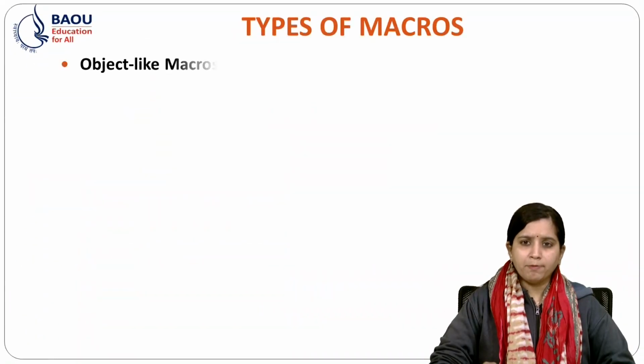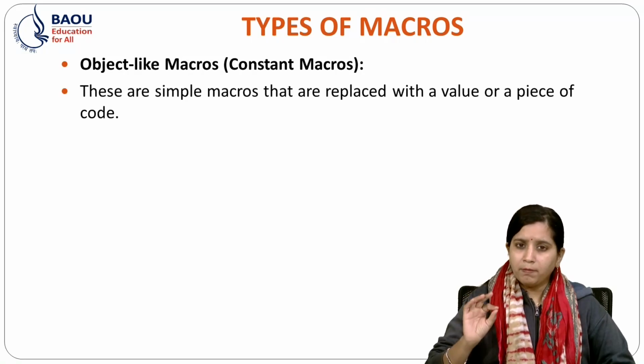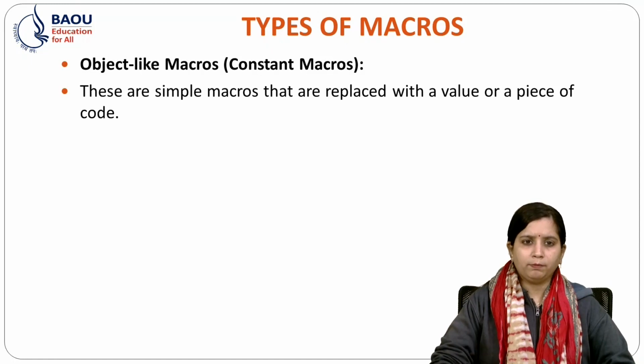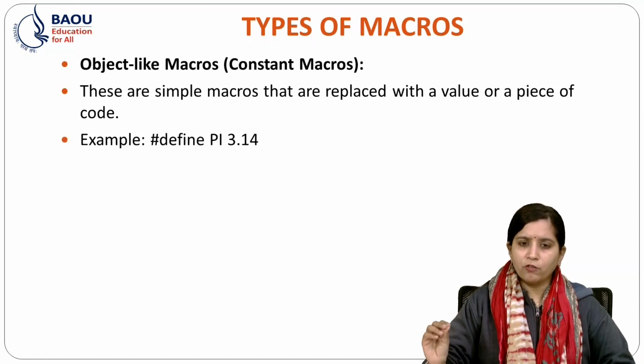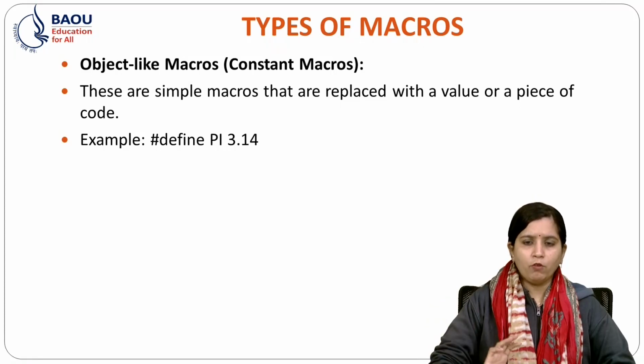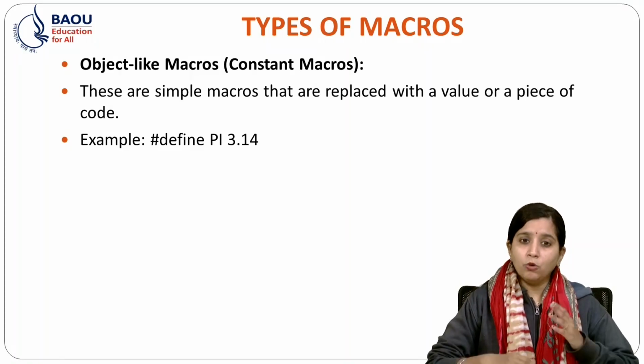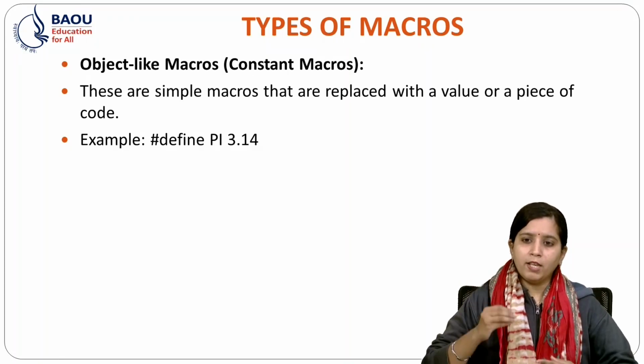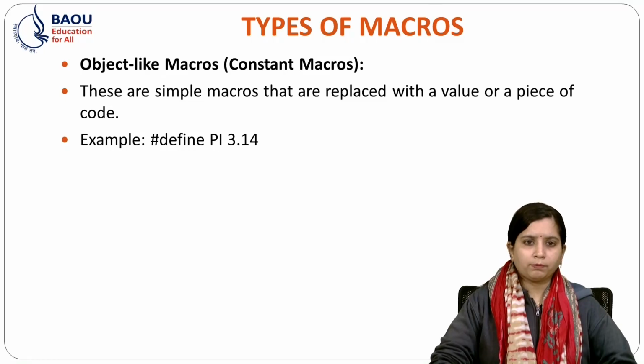So let's see the types of macros. Object-like macros are simple macros that are replaced with a value or a piece of code. For example, hash define PI 3.14, and this is done globally in our program. So we can use PI in various parts of our program.